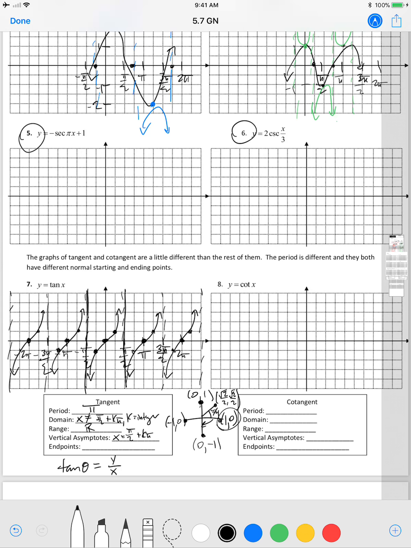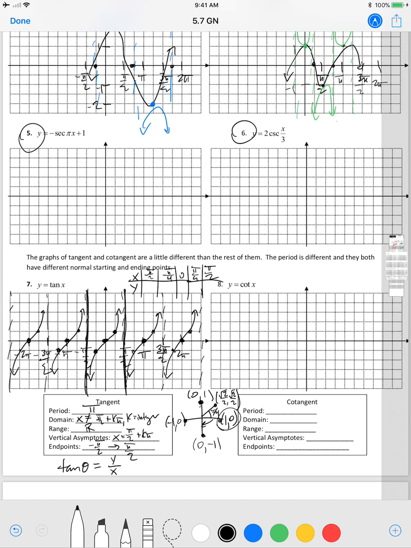And endpoints here, I just mean that if I were to make a nice table for this, I'm going to be looking at this one period here. So negative pi over 2, negative pi over 4, 0, positive pi over 4, positive pi over 2. So I'm going from negative pi over 2 to positive pi over 2.